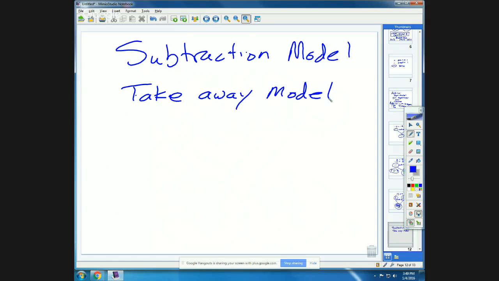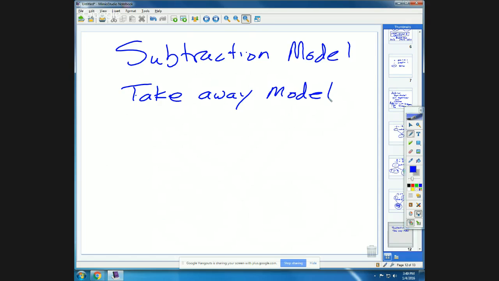Notes, jog memory. The book had one name for it, I have one name for it. The book called it the missing add-in model. I called it the what do I add model. So that was our other model. And it turns out any of these will work. Some are easier than others. I'm going to focus on the takeaway model.